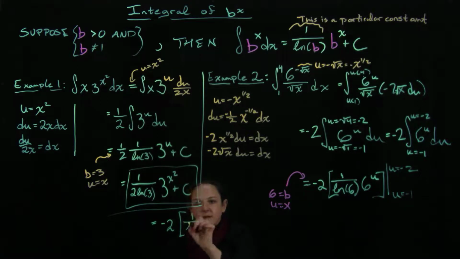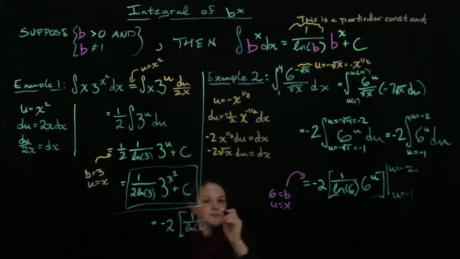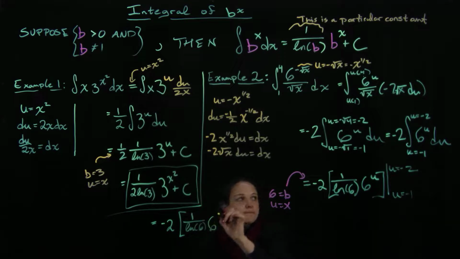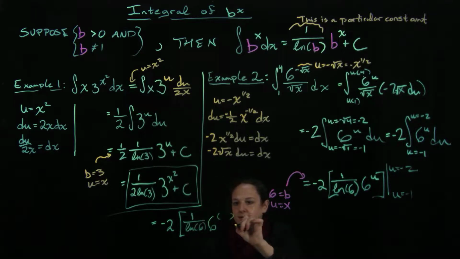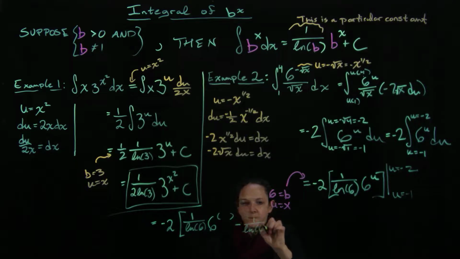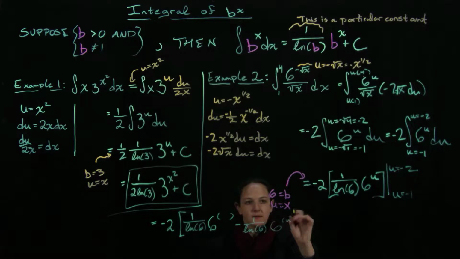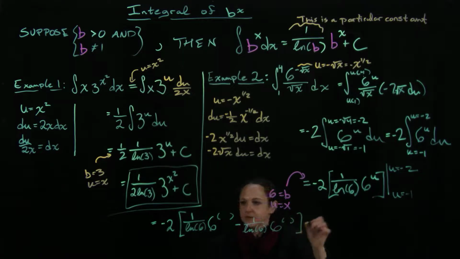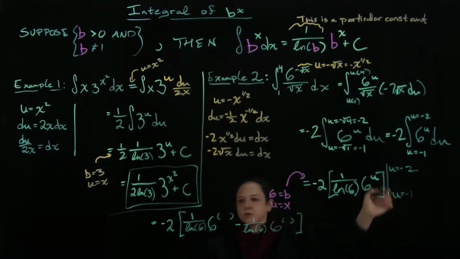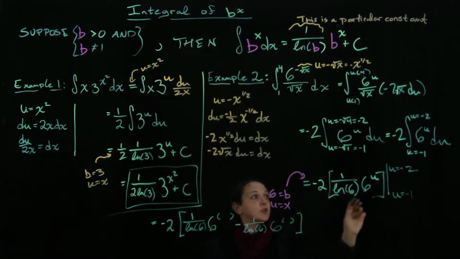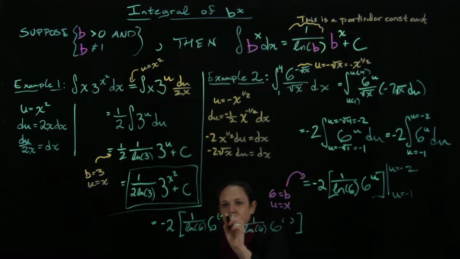So I have 1 over the natural log of 6, 6 to the parentheses. And then I'm going to subtract off where I do that entire thing. Our u gets replaced with the parentheses if we do this correctly. Now we can put in our minus 2 and our minus 1, they're our u bounds, so we're happy. They can go in for u.